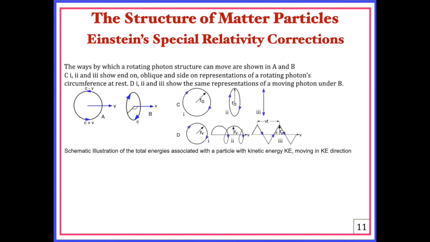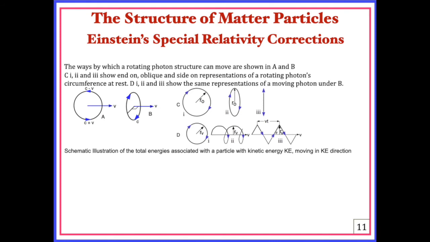Diagram C shows end-on 1, oblique 2, and side-on 3 representations of the circumference of a rotating photon at rest. It's either a circle, ellipse, or straight line. Diagrams D1, 2, and 3, respectively, show the same views of it moving.